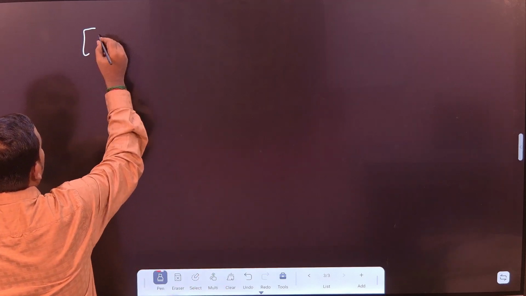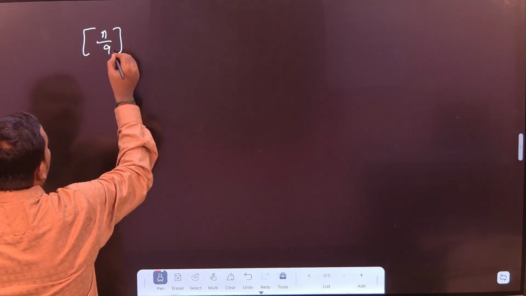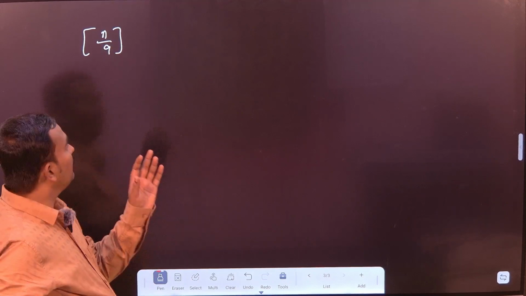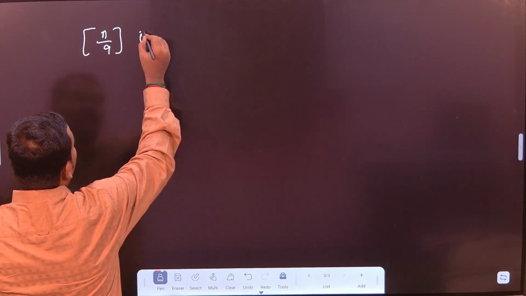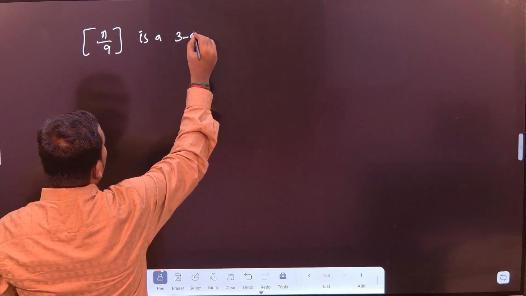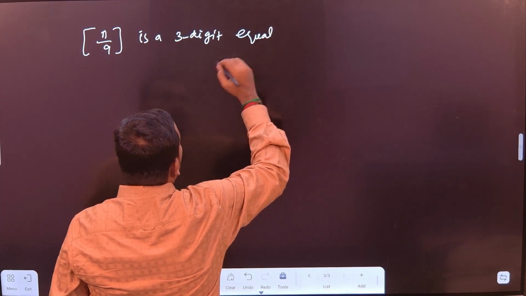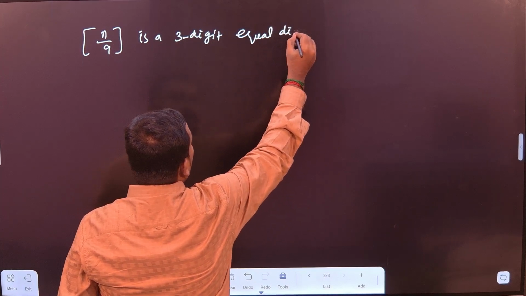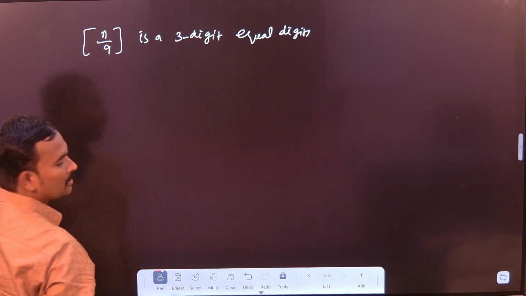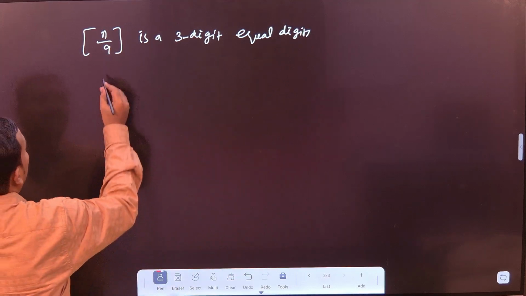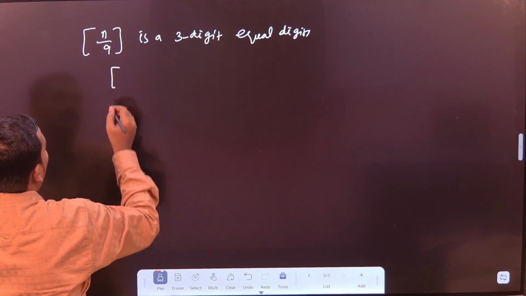We need to find that the greatest integer function of n by 9 is a 3-digit number with equal digits. Clear?